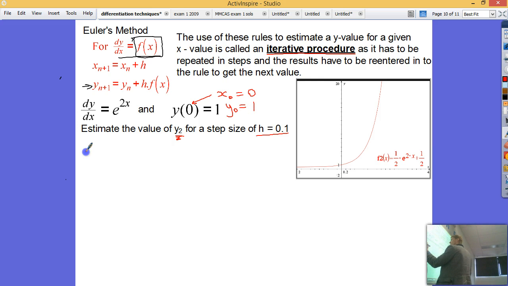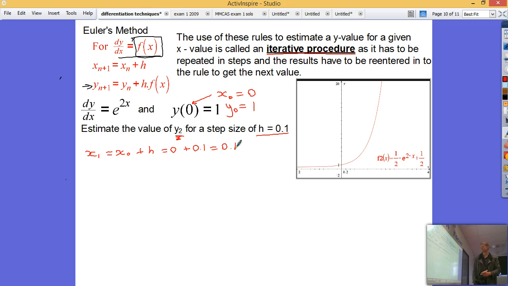So then the next value of x will be the first value of x plus the step size: 0 plus 0.1. So x1 has that value.